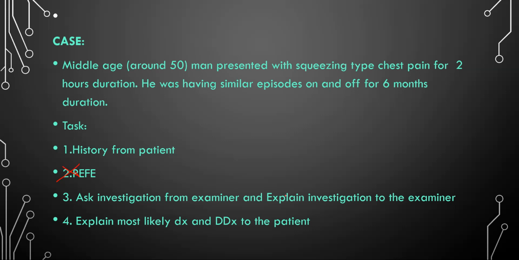But the differentials, especially the lung causes, so ask about pneumonia, pulmonary embolism, ask about pneumothorax, okay? Ask about musculoskeletal symptoms, ask about herpes zoster, ask about any neck pain, any back pain.